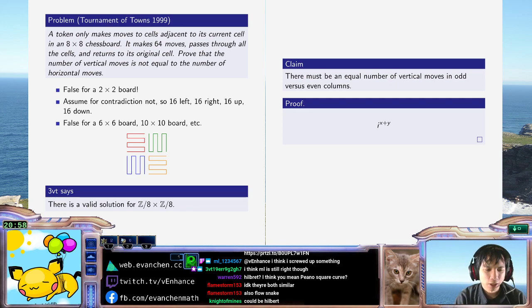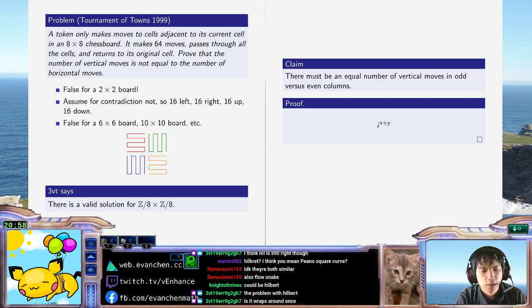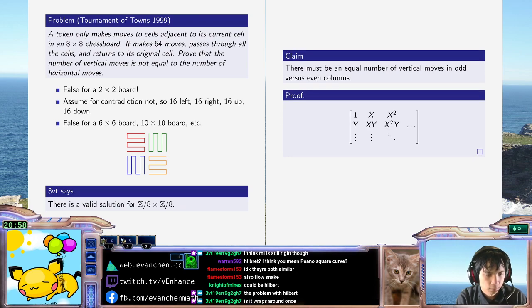You know, as long as we're going complex numbers, why don't I just paint the whole board with complex numbers? How about that? So we're gonna write 1, x squared, and so on, and then y, x squared y, and so on, and so forth.